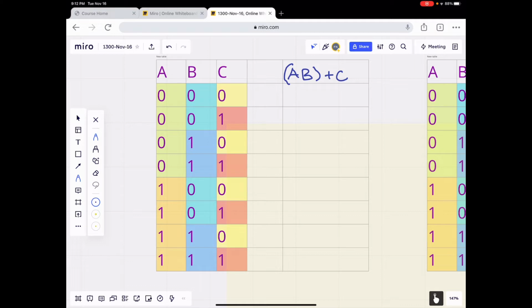So multiply the first 2 variables, A and B. 0 times 0 equals 0, and 0 plus 0 equals 0, so I type 0 here. Anytime you multiply by 0 it equals 0, so I only worry about C. So C equals 1, C equals 0, C equals 1. When A times B is 0, you got 0 here too.